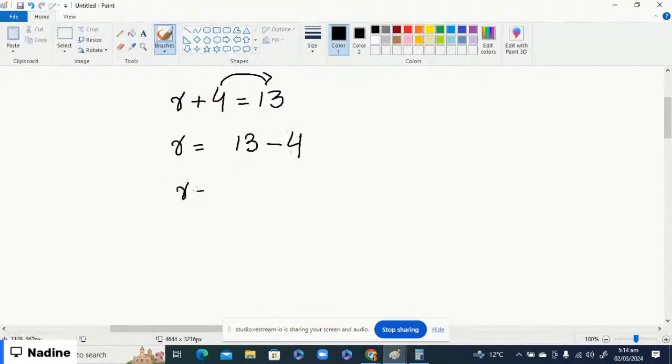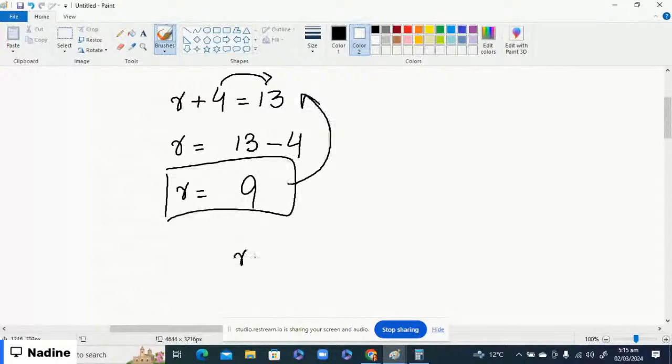So what is the value of r? 13 minus 4. What's the answer? That is 11. Okay? It's not 11. Sorry, it's 9. I just put it by chance. It's 9.